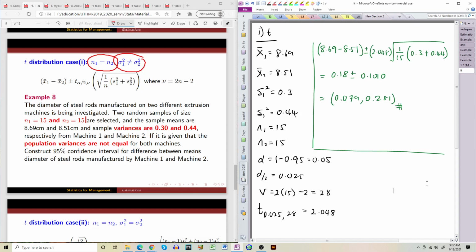No, because the S square is 0.3. It is not S. Can you understand? It's the variance. Yes, doctor. Oh, okay, thank you. That's why I stress here. S square itself is 0.3. It is not S. If it is S, then you square it.